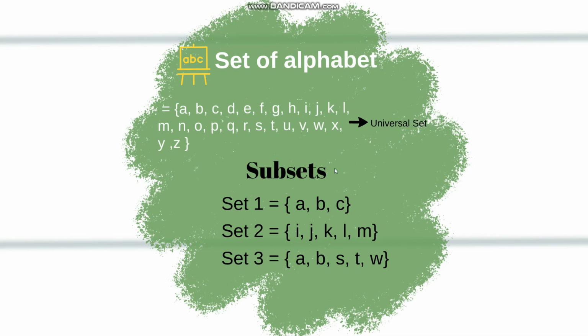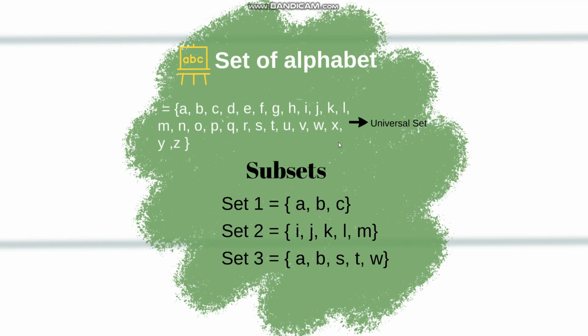You can always find the subsets in a larger group. So the set of alphabet is our universal set. All of these sets are just a part of the larger group, and that larger group, the set of alphabet, is what we consider our universal set, because it is the set that contains all of these elements under consideration.